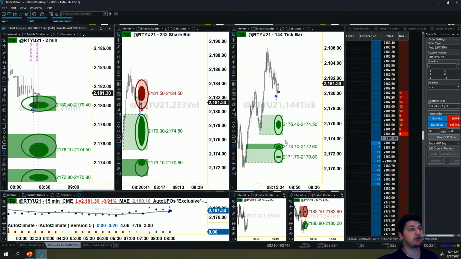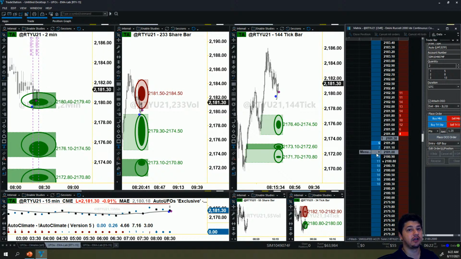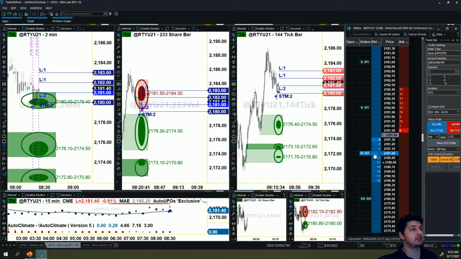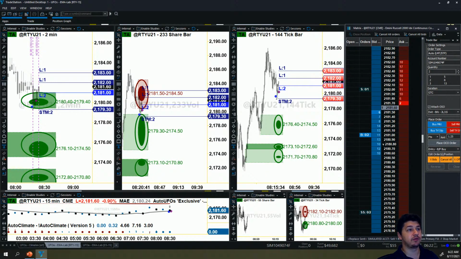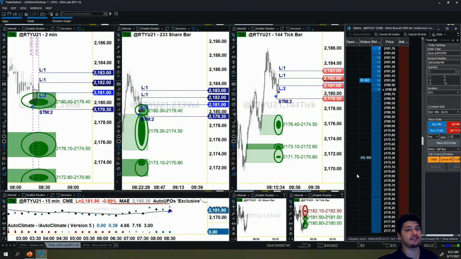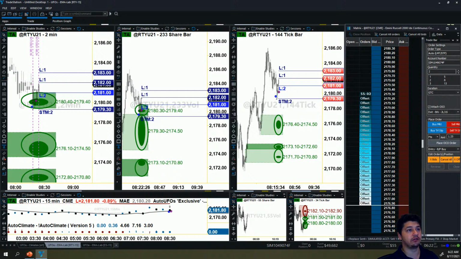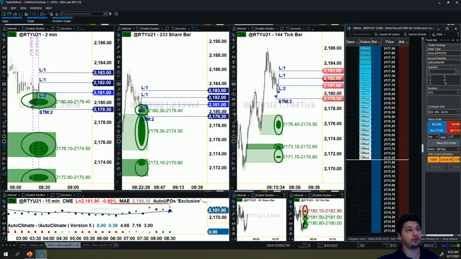So I'm going to take this trade right here at 2181, and my stop is going to be at 2179.3. So we're moving 1, 2, 3, 4, 5, 6, 7 ticks below. That's within this next UFO, so it has to go all the way down to 2174.4.